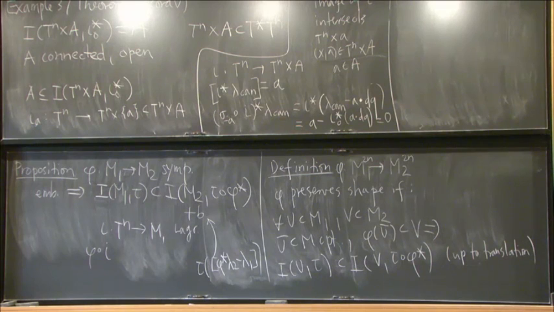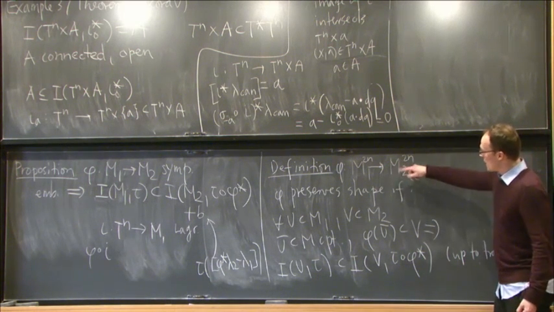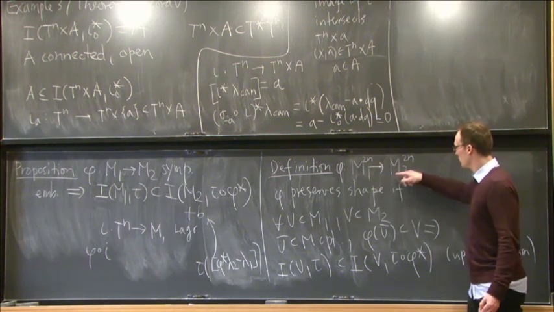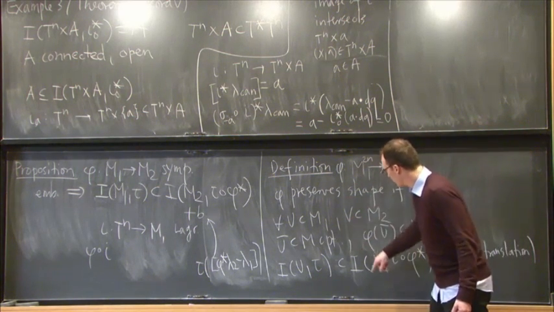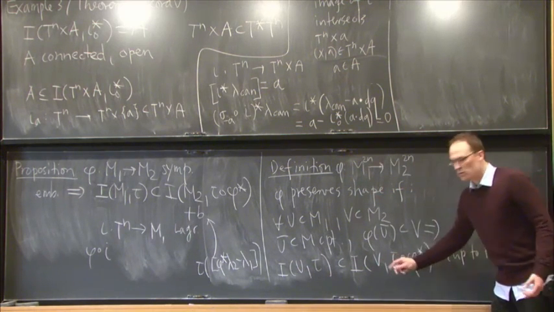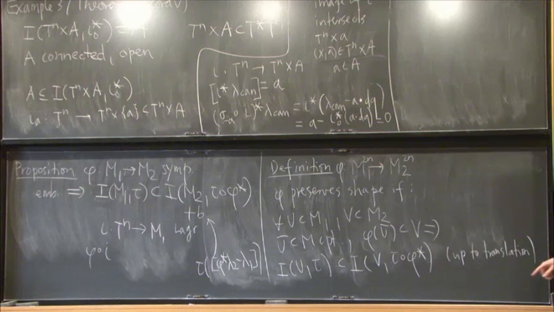And my comment here is going back to a question you brought up like 5 or 10 minutes ago. If I said that shape is preserved if the shape of M1, so if I made this definition just with M1 and M2 here, and M2 is just R2n, then this is automatically 0, and I'm really not getting much.